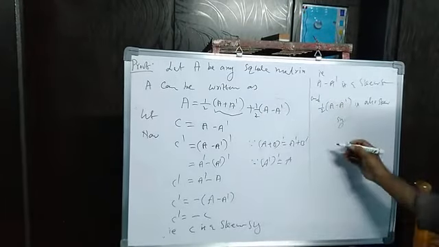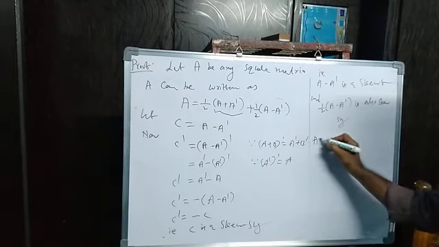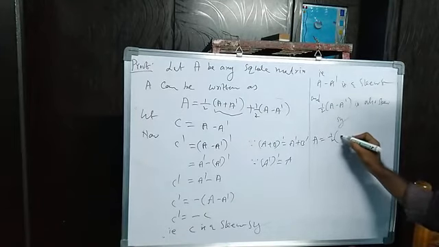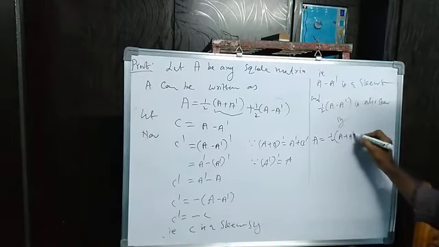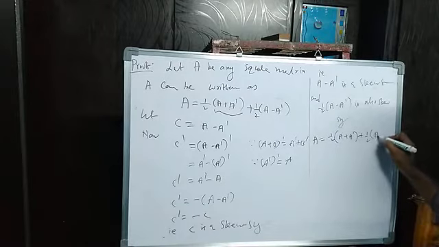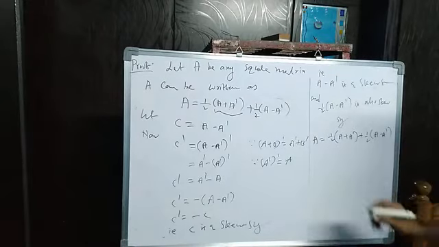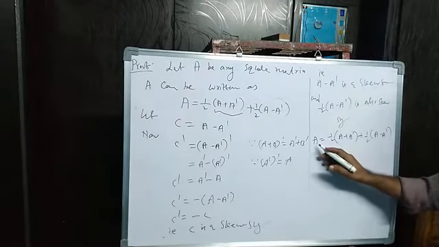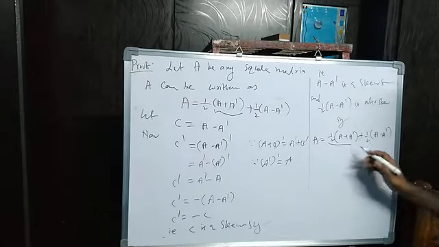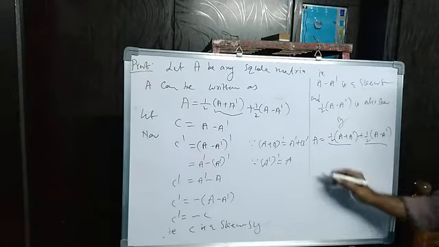So then what do you say here? A can be written as sum of symmetric and skew symmetric matrices. Every square matrix can be written as sum of symmetric and skew symmetric matrices. Okay, that is the conclusion.